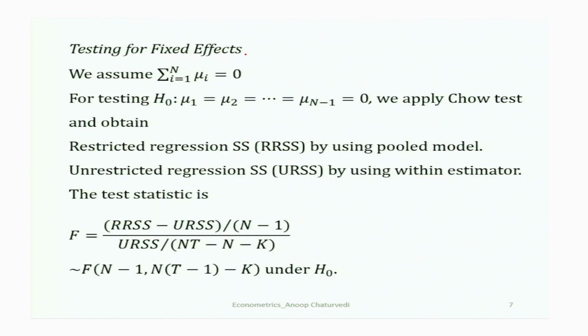Testing for fixed effects. Here we are assuming that summation mu i equal to 0, and you want to test the hypothesis that mu 1 equal to mu 2, and so on, equal to mu N minus 1 equal to 0. And for testing this hypothesis, we apply Chow test. So, what we do? First, we consider the restricted regression sum of squares by using pooled model.